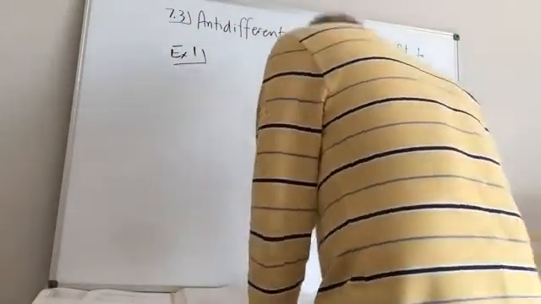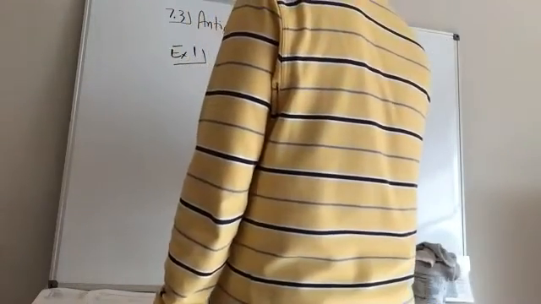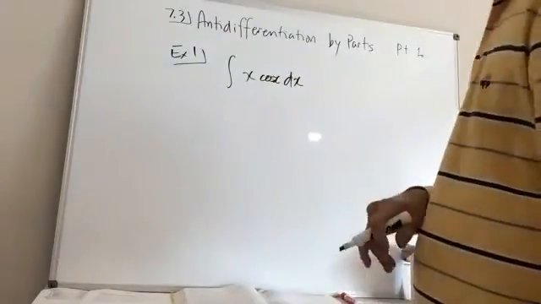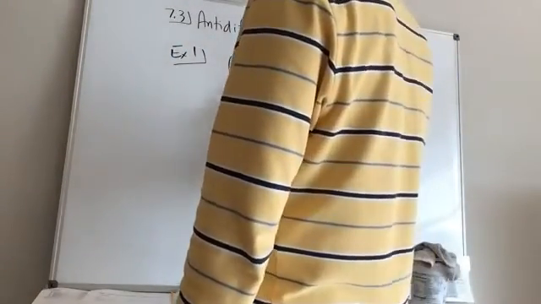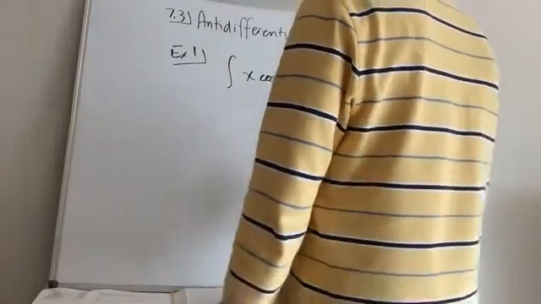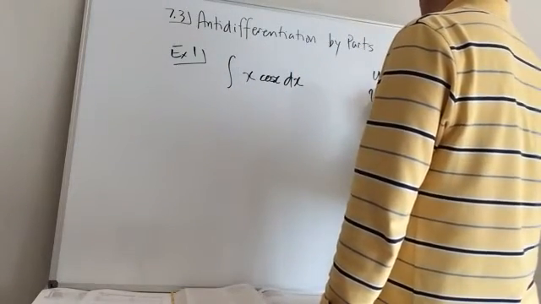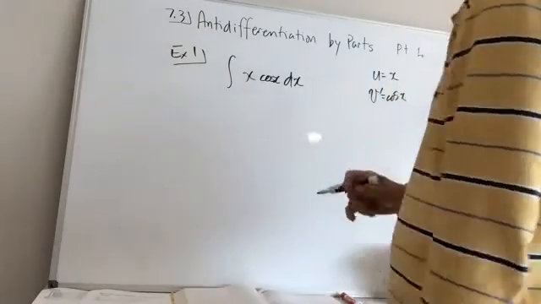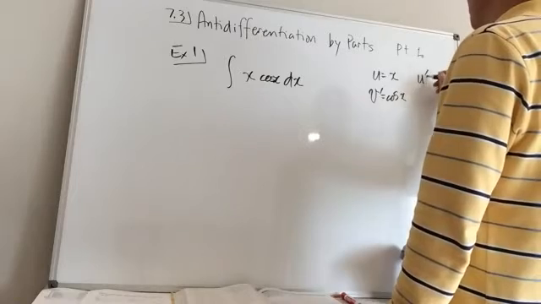I have x cosine x dx. Again, I'm going to set this as being what? One is going to be u, the other one is going to be v prime. So I'm going to say u is equal to x, and v prime is equal to cosine x. Then u prime would be what?